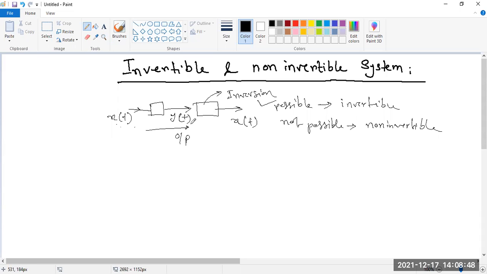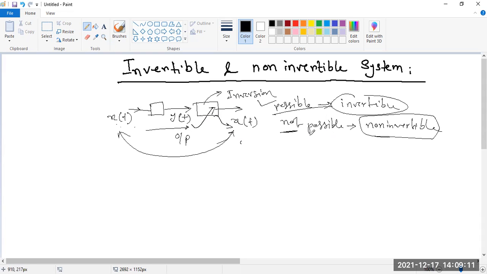If and only if we are able to design an inversion process which will yield exactly the input, then only this is called an invertible system. If this inversion process is not possible, then this is called a non-invertible system.